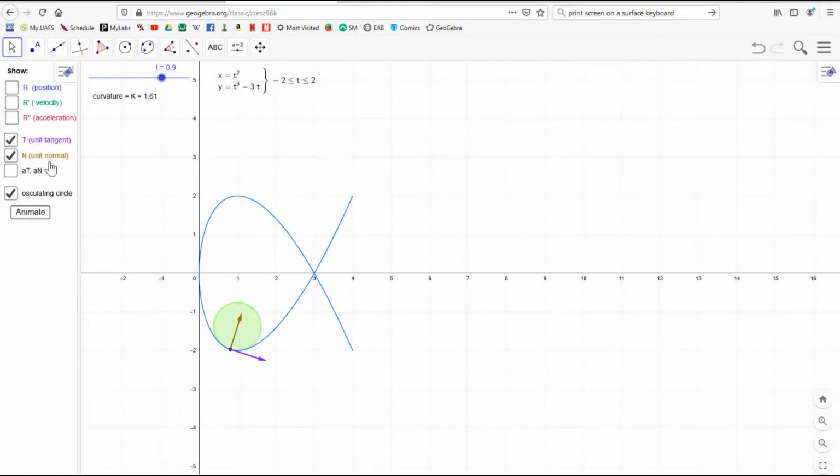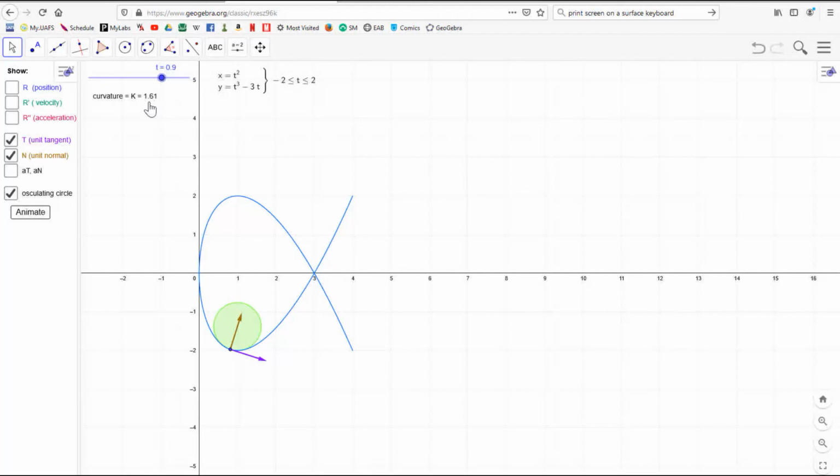Okay, now I've fixed that so the colors on the labels match the colors here correctly. So the unit tangent is the purple one, and the unit normal is the brown one. And here you see the osculating circle. So the radius of that circle is the radius of curvature, and its reciprocal is the curvature, which I have calculated and have displayed up here.